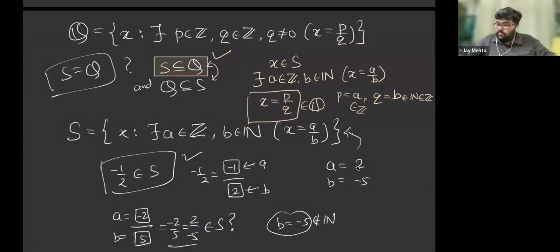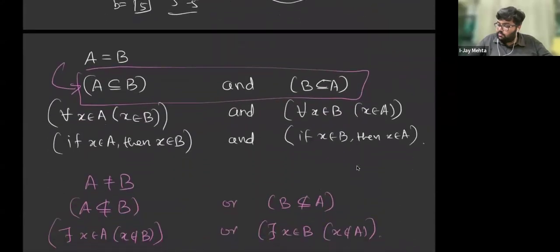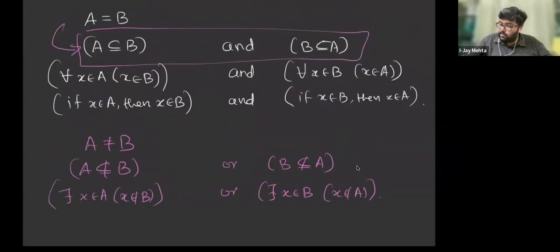Before stopping, I just want to discuss whether Q is a subset of S or not. Just a last remark and then I stop. Q is a subset of S, right? Prove or disprove.